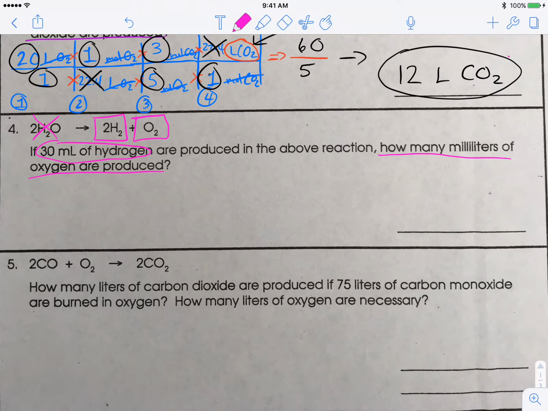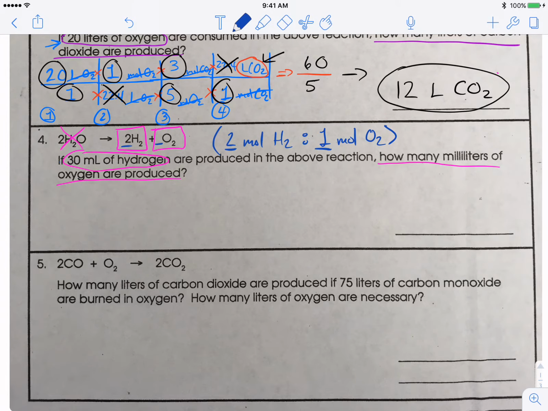Let's write our ratio. For every 2 moles of H2, we have to combine it with 1 mole of O2. Remember, if there's nothing in front of the compound, we assume it's 1. So that's where we get the 1 from.